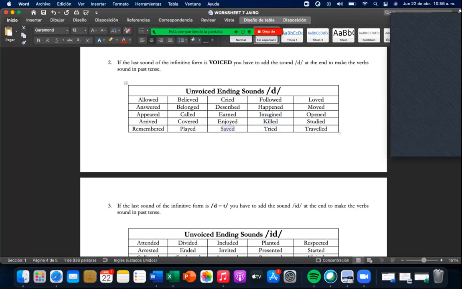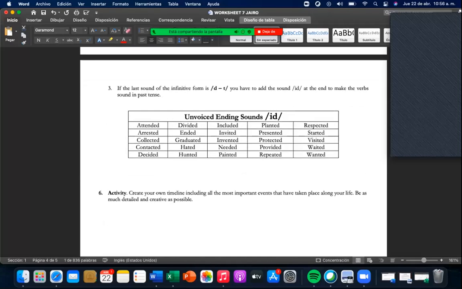Saved. Enjoyed. Covered. Remembered. Okay, and some examples from case number 3.